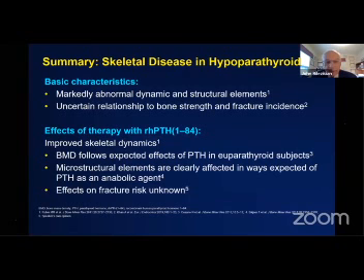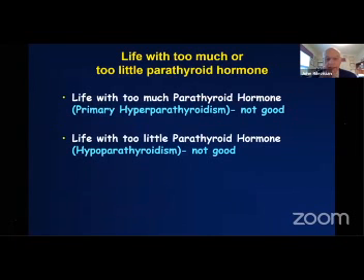We see changes in bone density that actually follows what you would expect when we use PTH in euparathyroid subjects. The microstructural elements seem to follow those directions that we would expect and are in general beneficial, but we still don't have information about fracture risk in hypoparathyroidism.